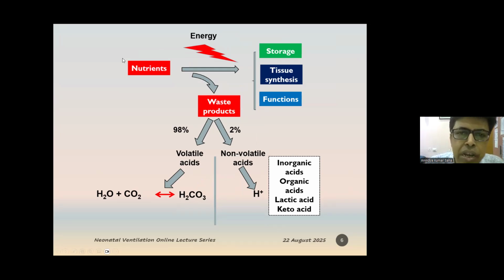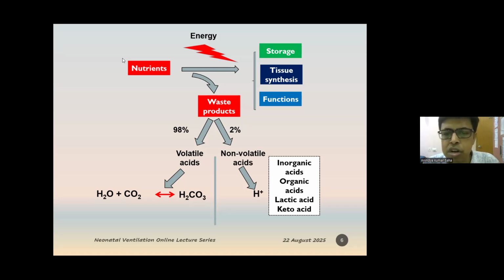Some energy is also kept in the storage form, and simultaneously we create or excrete some waste products. Of these, 98% are in the form of volatile acids, that is in the form of carbon dioxide and its other form, H2CO3, that is carbonic acid.